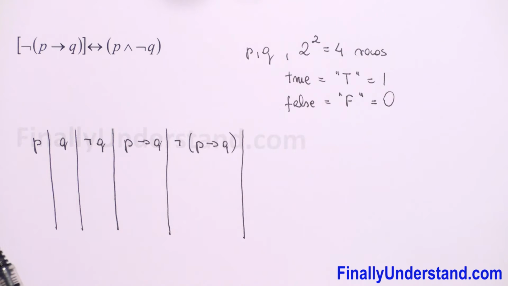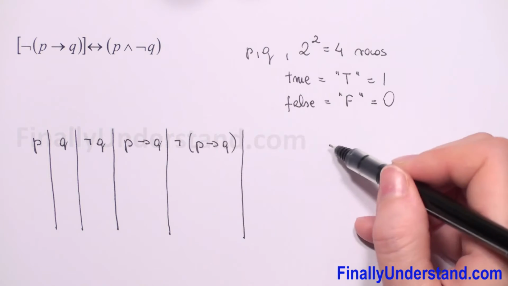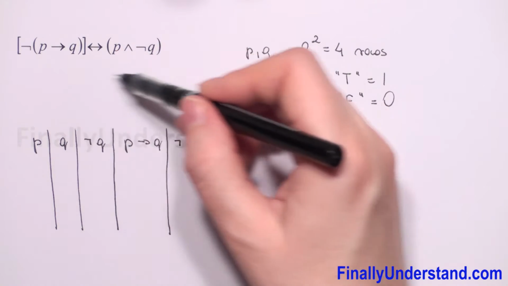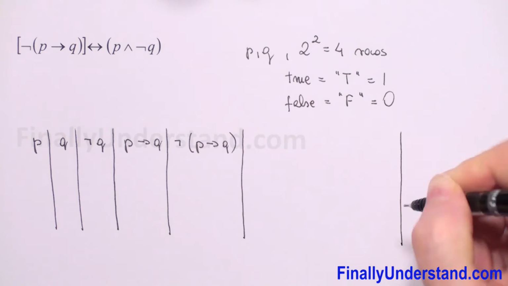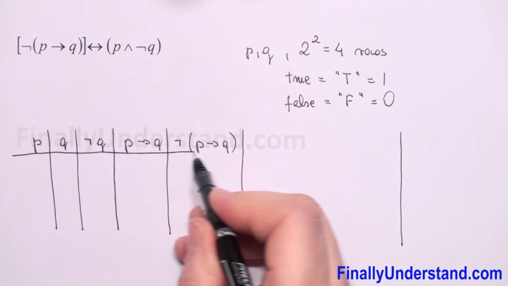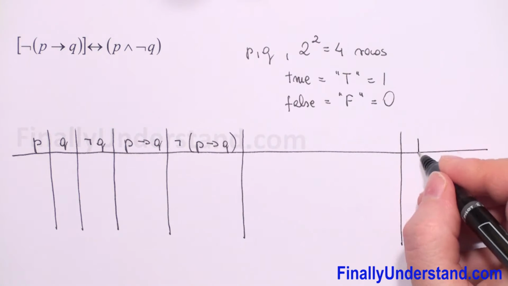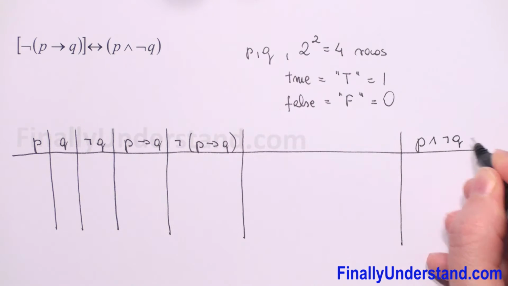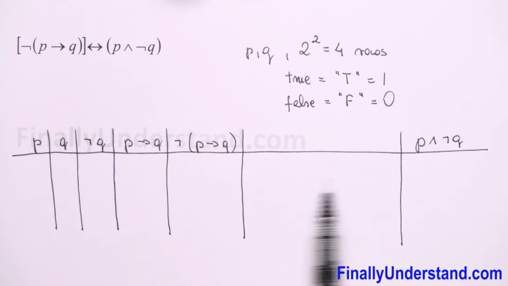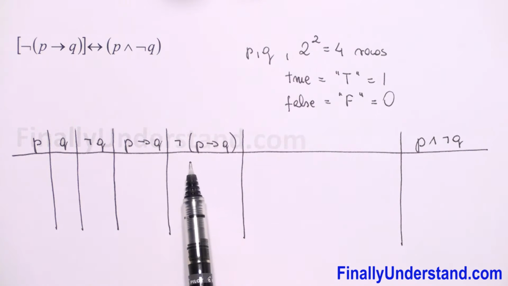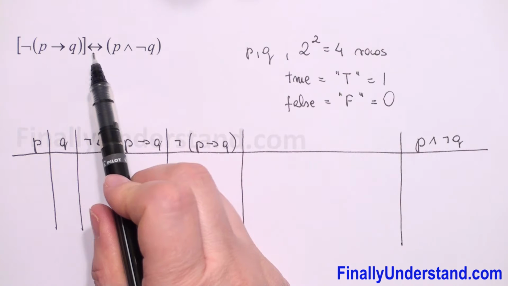It will be easy when I leave this column for this whole statement, and at the end I will put P and not Q, because it will be easier to compare these two statements, because between these two statements we have the symbol.